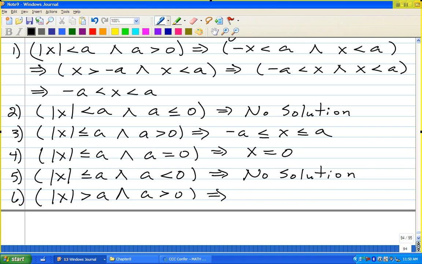So either negative x is greater than a, or x is greater than a.